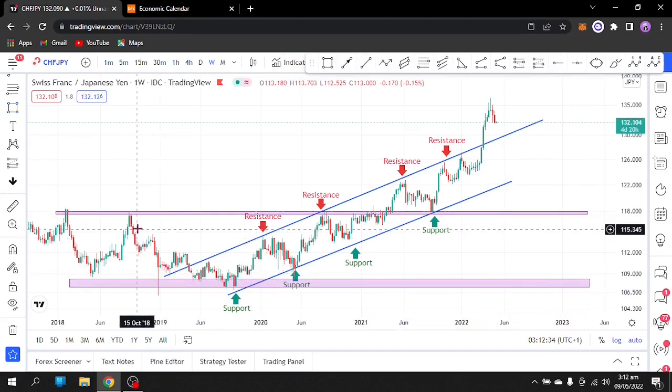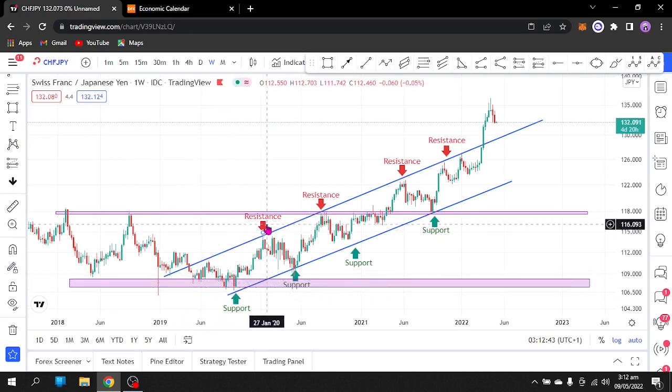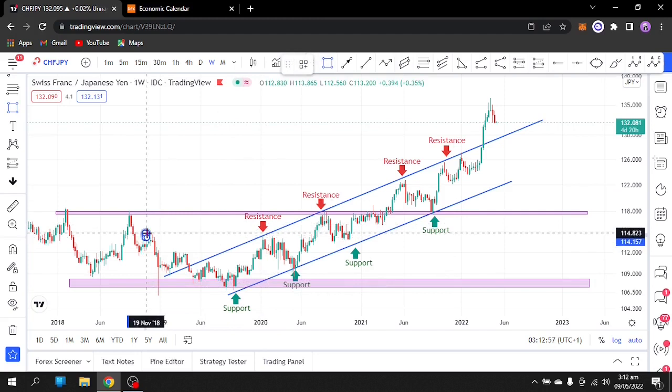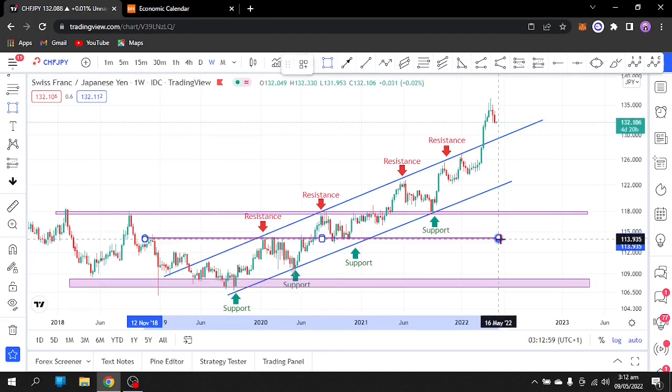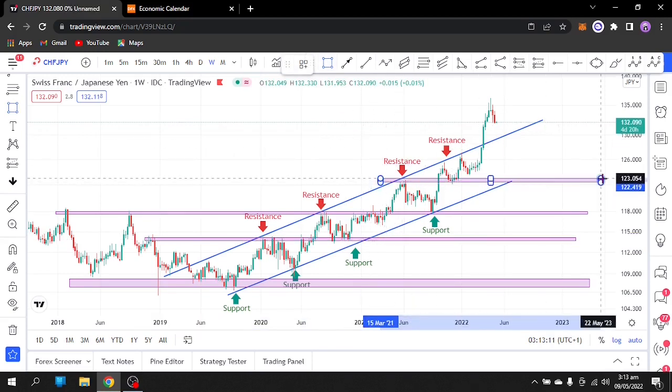And you can see that when price came to this support level, it pushed higher to this resistance, it dropped, also touched this support level, then pushed up. I have another support and resistance here, and another support and resistance here.